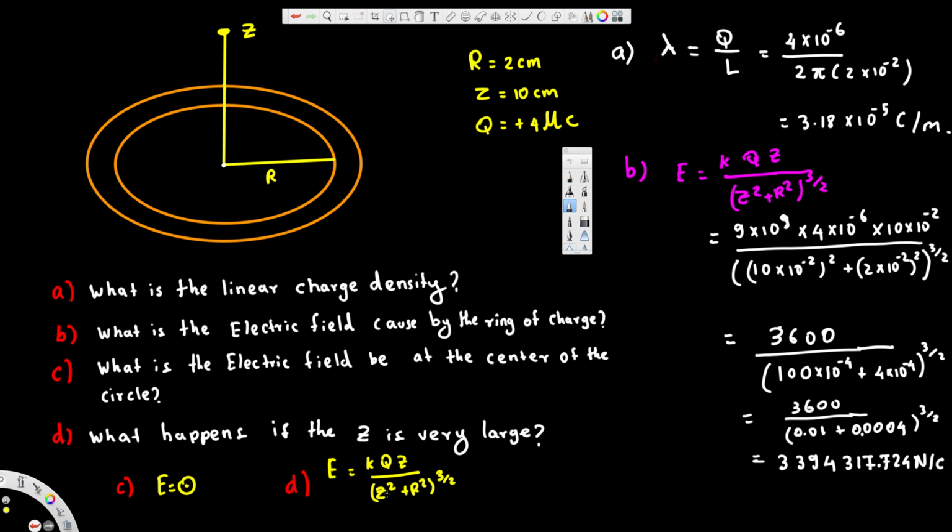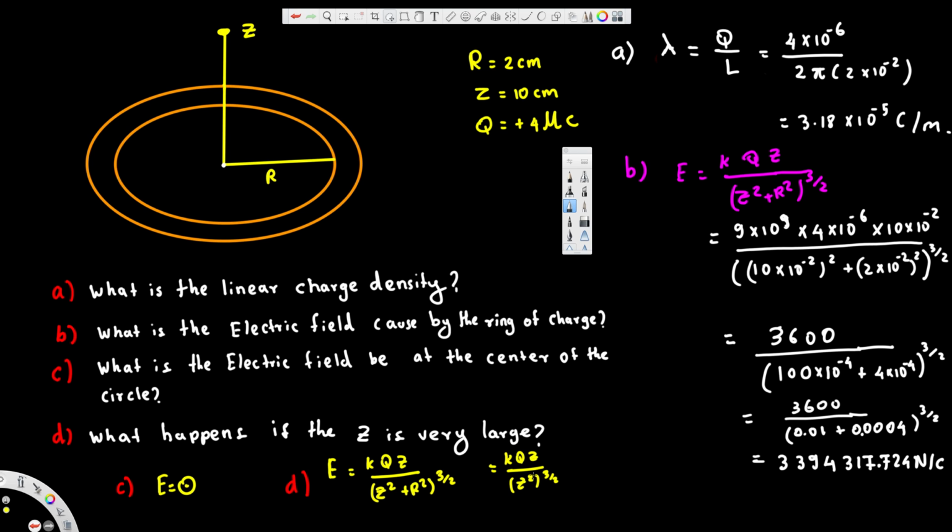If the z is very large, we can neglect this r square, because compared to z, it's going to be a very small value. So we are just going to have z square in the denominator. So we are going to have kqz over (z square) powered by 3 by 2.